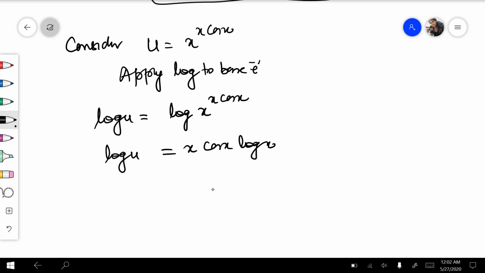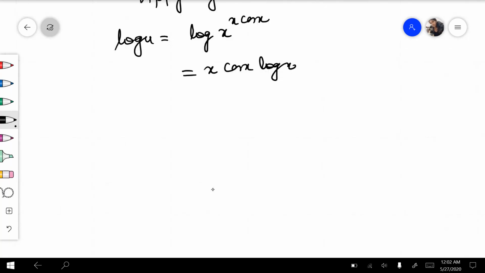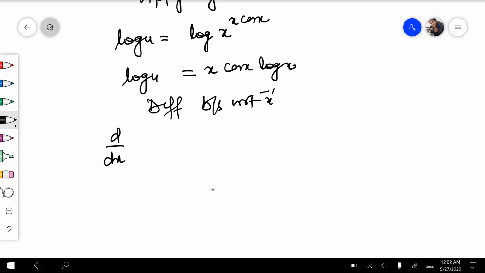Now you can easily find the derivative of this function. So differentiate both sides with respect to x. This gives you d by dx of log u is equal to d by dx of x cos x into log of x.